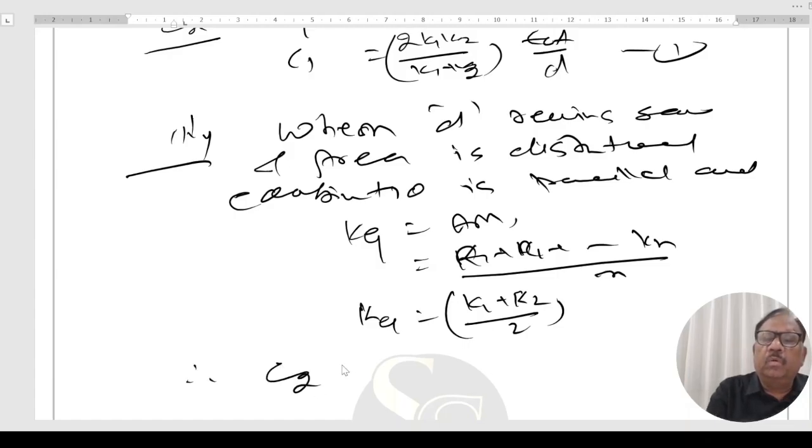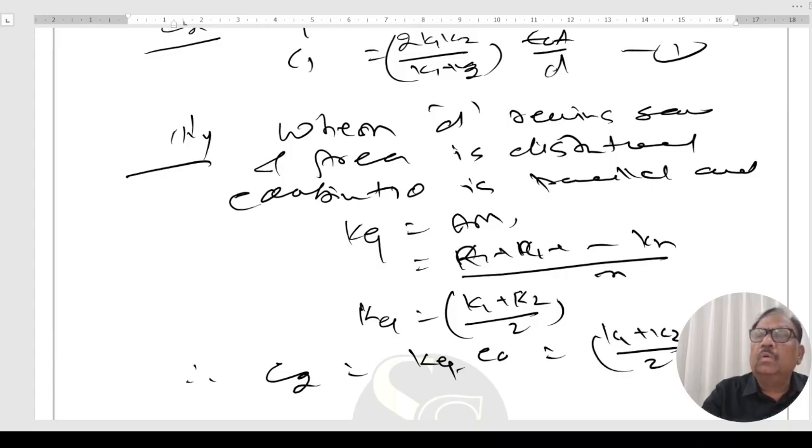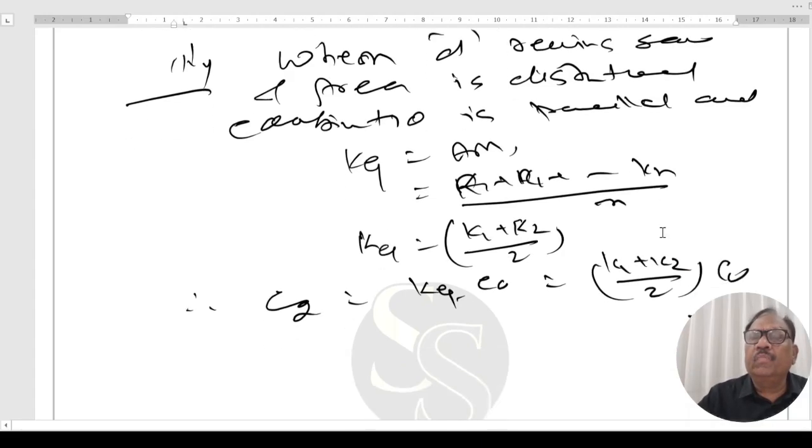Therefore, C2 will be equal to K equivalent into C naught, K1 plus K2 divided by 2 into C naught. This is equation 2. Right?